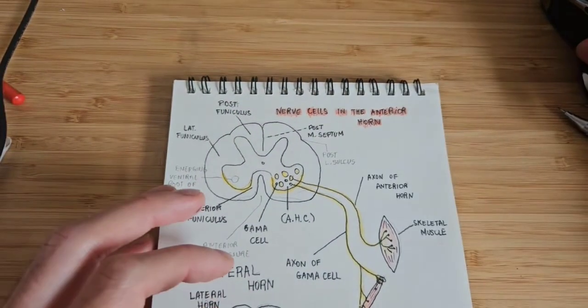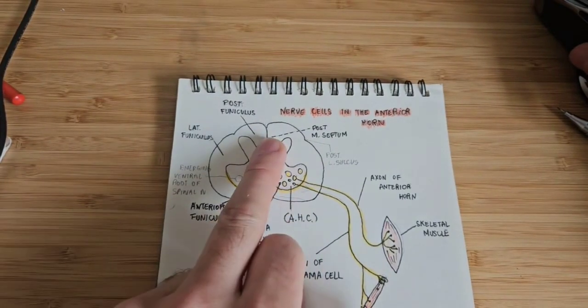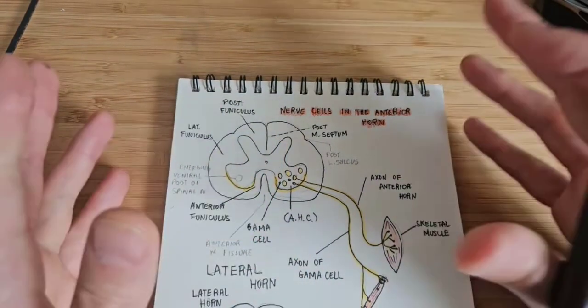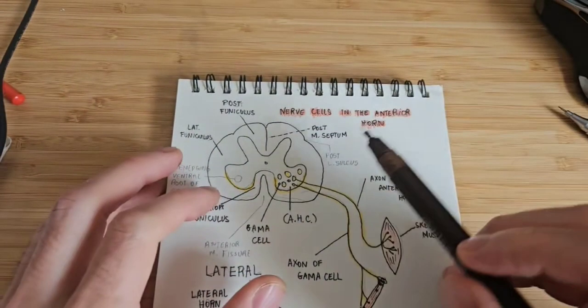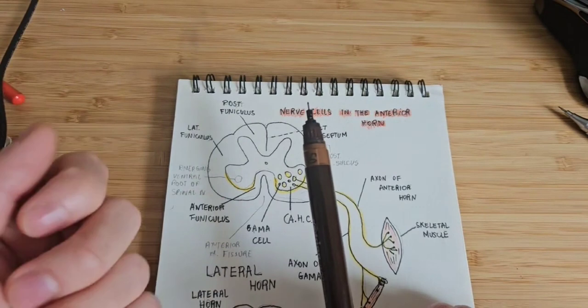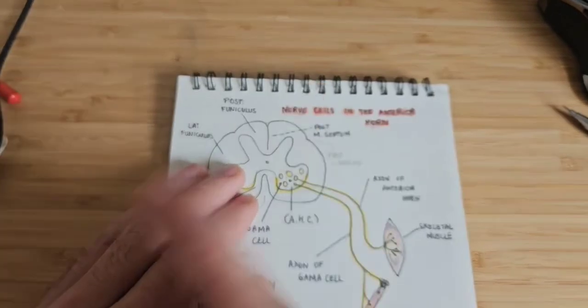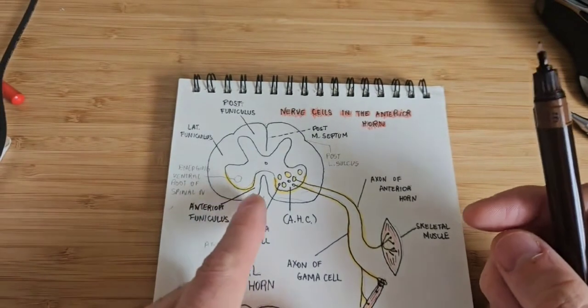Okay, so what else? Posterior median septum. This is just an additional structure that I decided to label here. The posterior median septum is basically a thin band of connective tissue that runs along the midline of the posterior surface of the spinal cord.